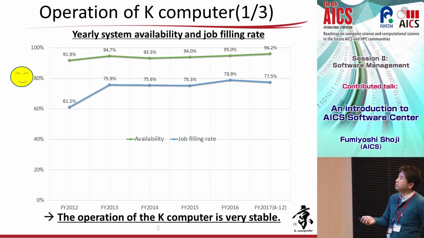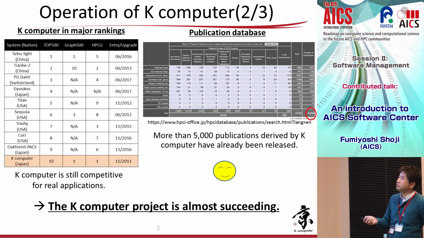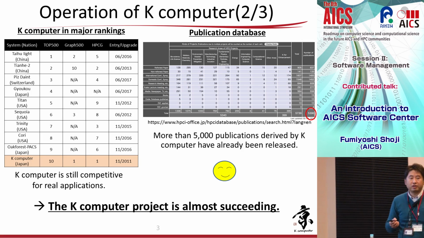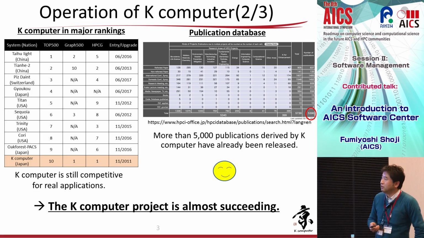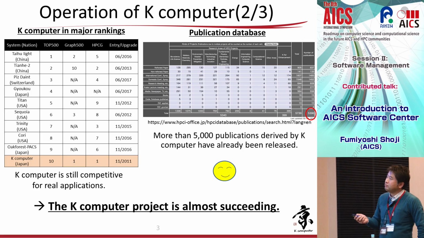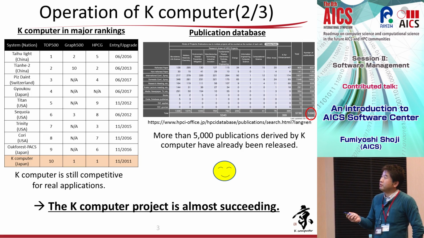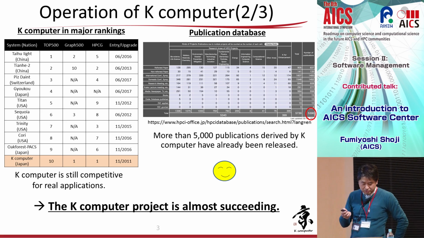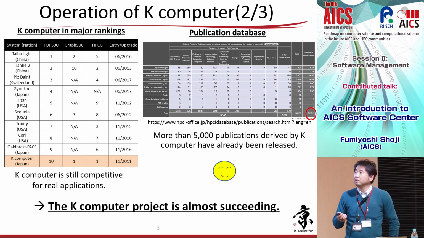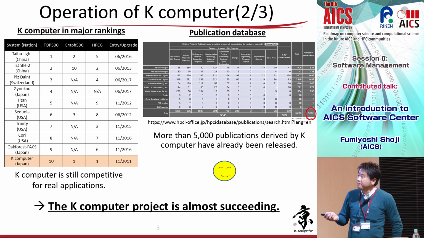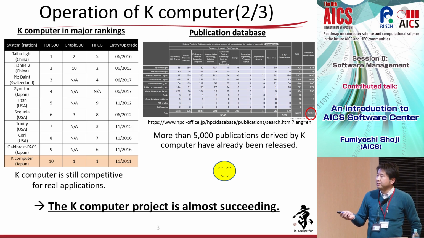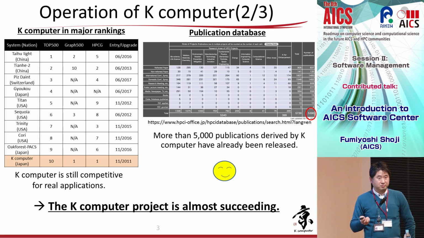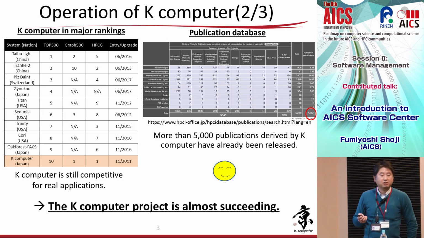And you see, the right table shows the K computer in major rankings. Top 500, Green 500, and the HPC ranking. First, I want to mention the K computer is here, and the K computer is the oldest system in this list.